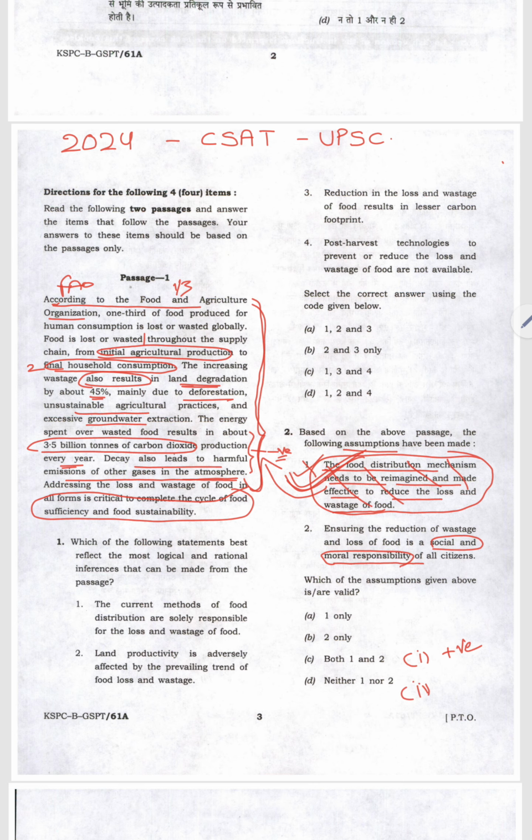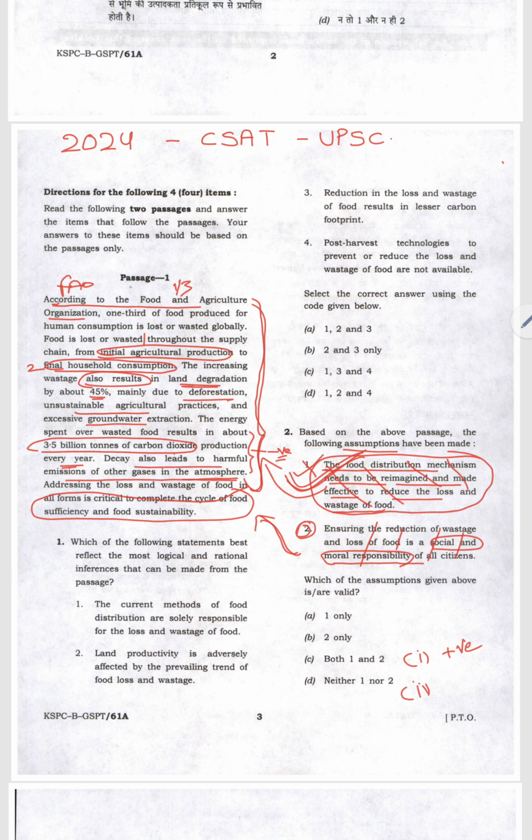Second condition. Suppose I remove this statement, is it affecting the passage? Yes, it is affecting the passage. Suppose I am saying that this is absolutely wrong, this is not there in the paragraph. What I am telling indirectly is that there is no social responsibility, no moral responsibility regarding citizens for wastage of food. No, that is absolutely wrong, right?